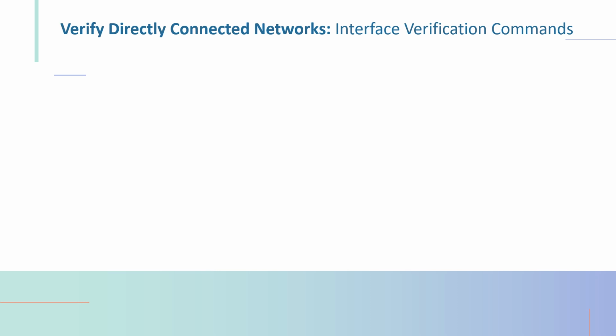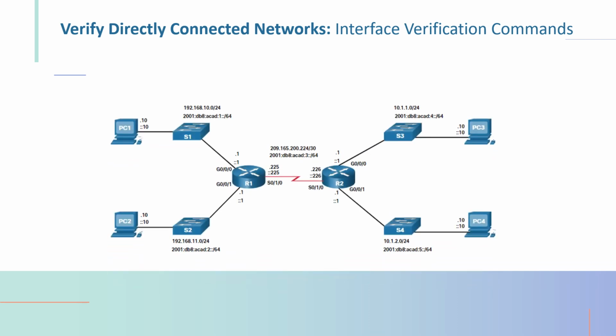There are several show commands that can be used to verify the operation and configuration of an interface. Let's recall the topology that we used to demonstrate the verification of router interface settings. And here is the topology that we used to do the interface configuration.